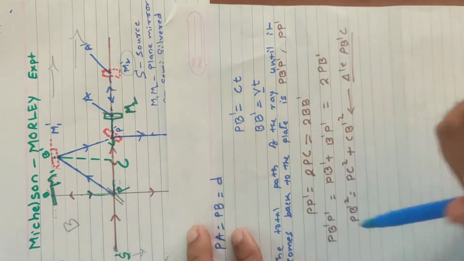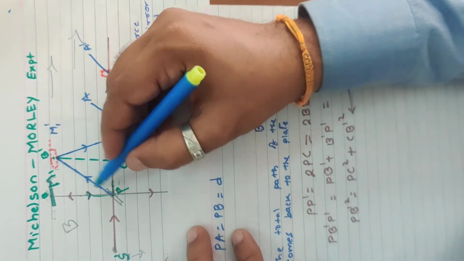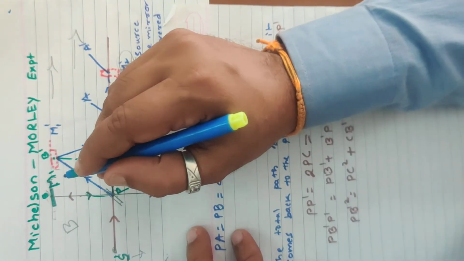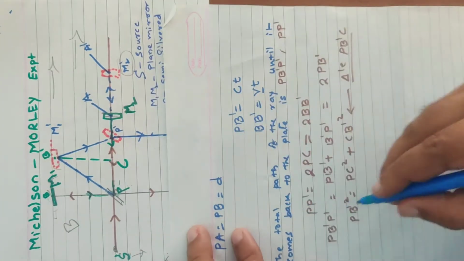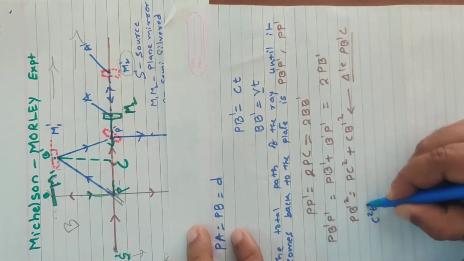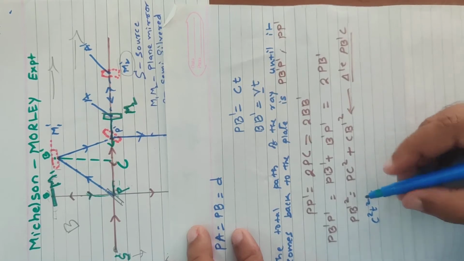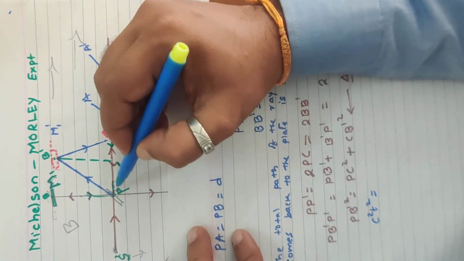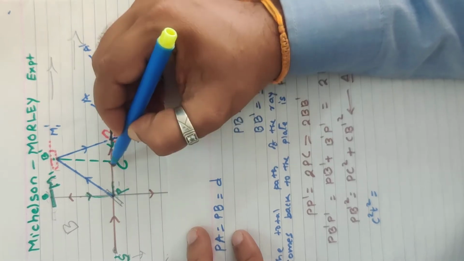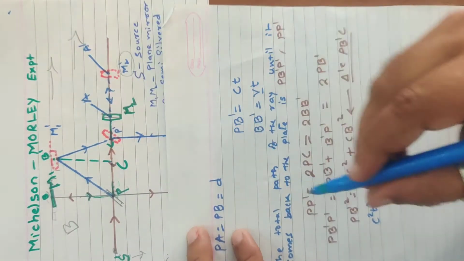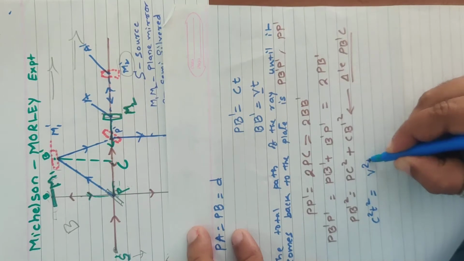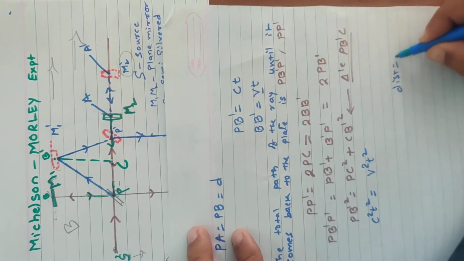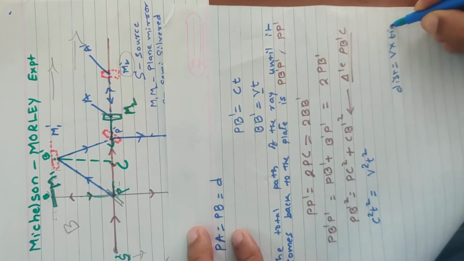Now what is PB dash? PB dash is nothing but the distance, which I can write as C square T square. What is PC square? It is the movement of the Earth from this point to this point, that I rewrite as V square T square. Distance is nothing but what? Distance equals velocity into time.